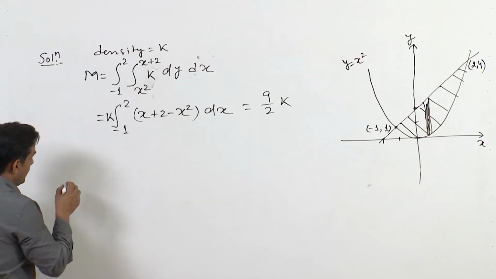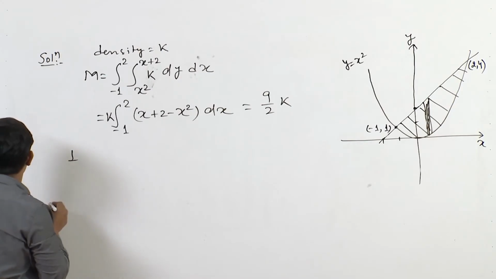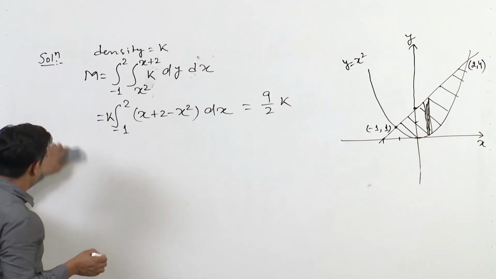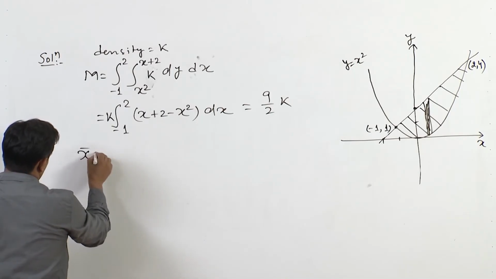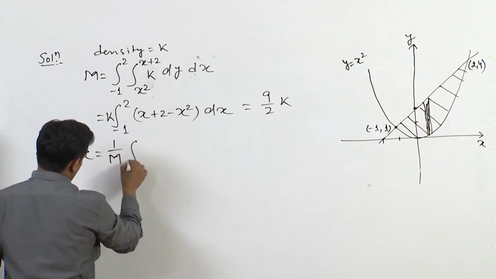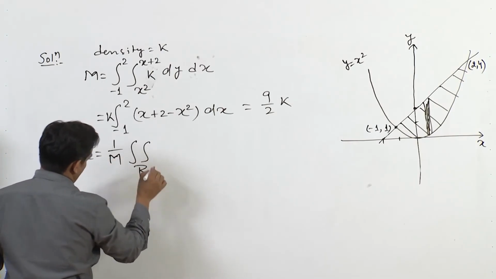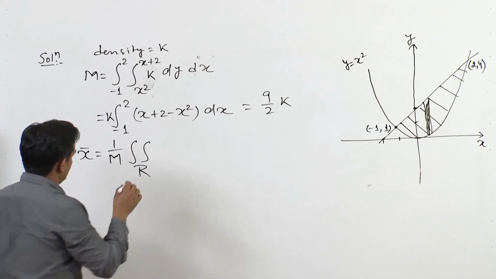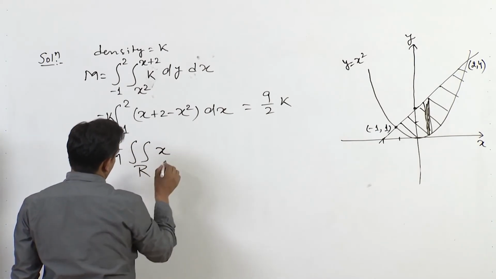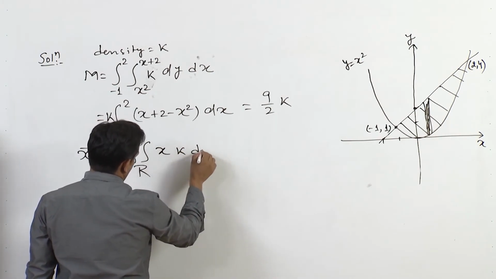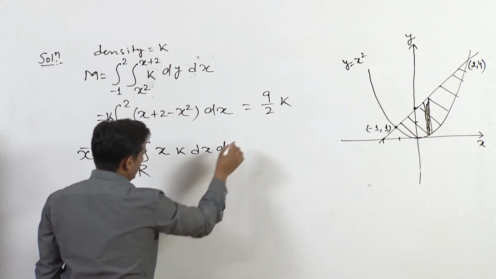Now, we need to find the coordinates of the center of gravity. So, x bar is given as 1 upon m integral over region R, R is this plate, and then x times density k dx dy.